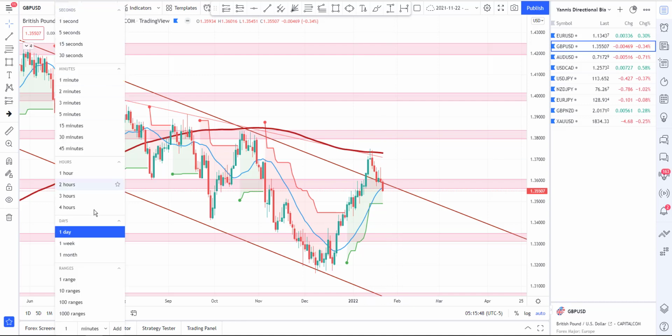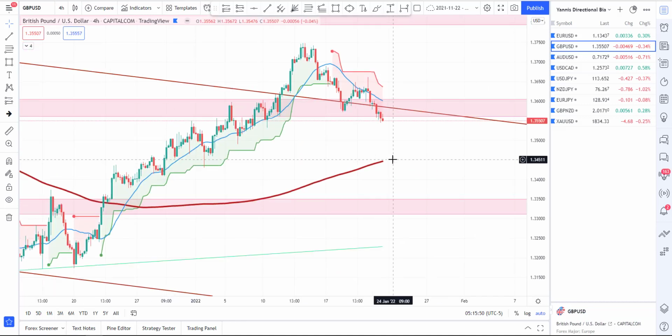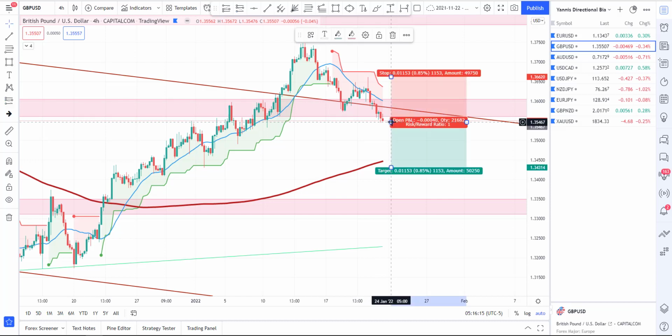And dropping down to the 4-hour time frame, as you can see, despite some attempts from the bulls to break and to keep price higher, right now we are trading south. So for me, a re-entry or a new entry for that pair would be a short position, either waiting eventually for a retest, but I would enter immediately here.